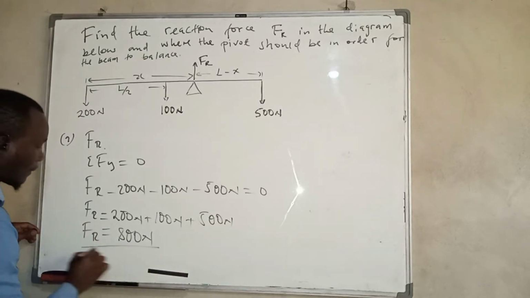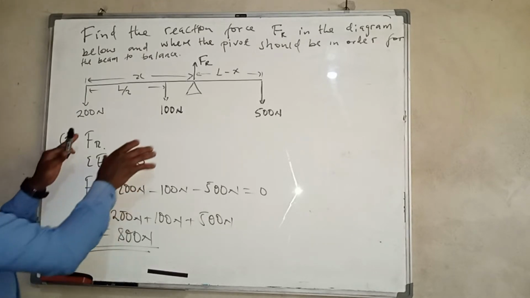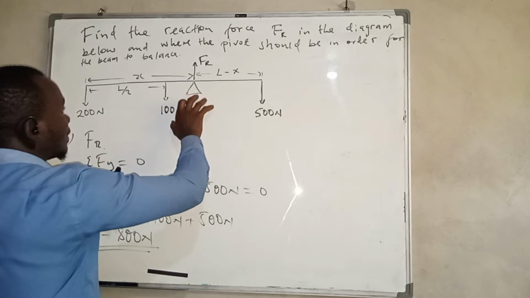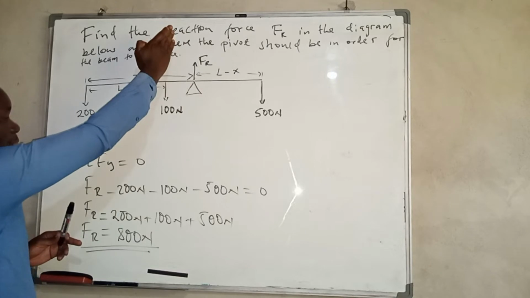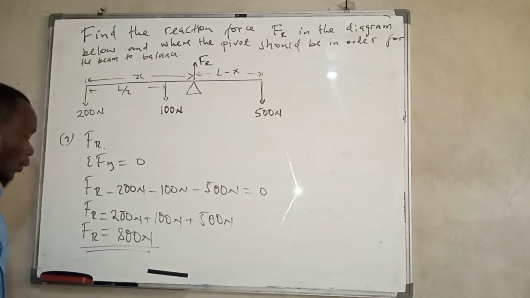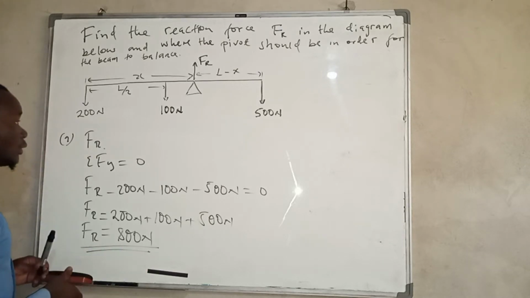Okay, so this is the reaction force. The summation of the downward forces and this upward force, which is known as the reaction force, must be equal. So the reaction force is equal to 800 newtons.